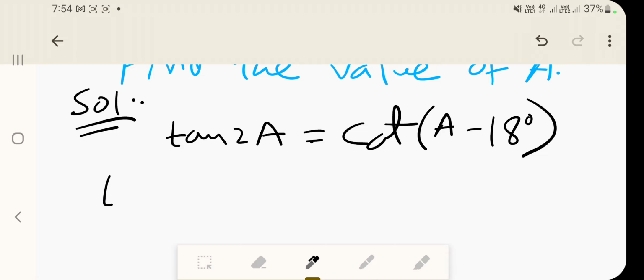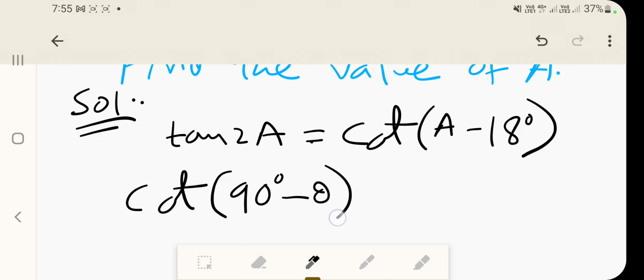So this tan 2a, we know that tan theta you can write as cot 90 minus theta. Cot(90 minus theta) is equal to tan theta. So this we know. The right hand side of the given one is cot(a minus 18).